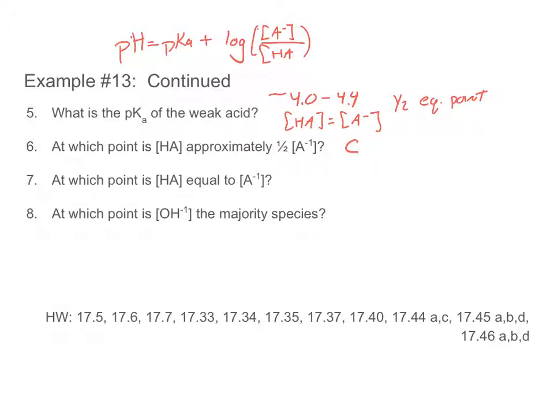As you are going from left to right across the graph, you're adding more NaOH. The NaOH is getting eaten up by the weak acid. The weak acid is getting used up and producing conjugate. So the conjugate base is going to be in greater concentration as you get to the right side of the buffer zone. So we could make the assumption that as we get closer to C, the concentration of the weak acid is less than the concentration of the conjugate base.